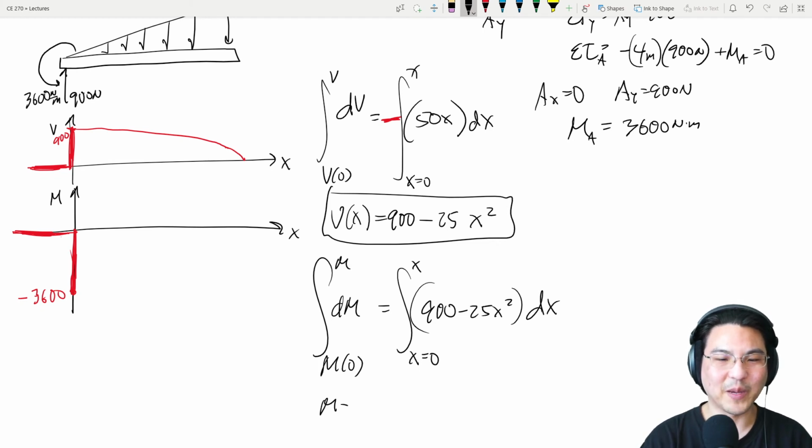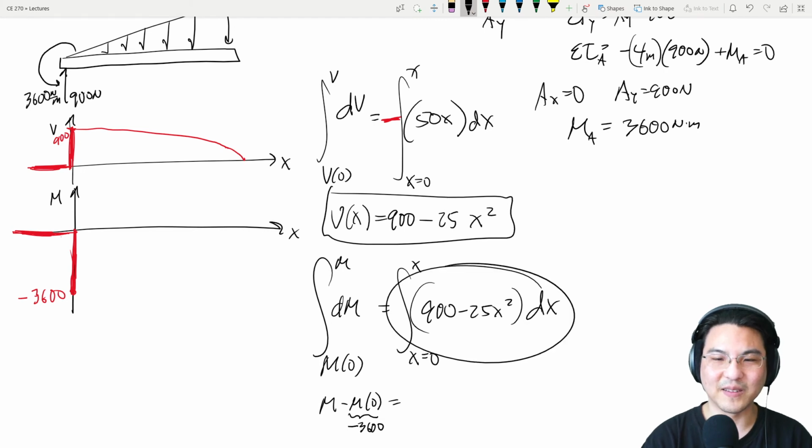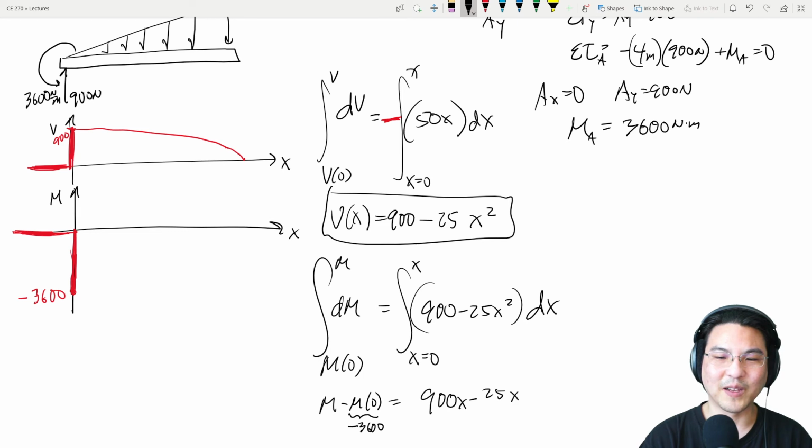So what do we have? M minus M at 0, which in this example is negative 3600. Then just integrate this, 900x minus 25x cubed over 3, from 0 to x. Then I can move this to the other side of the equation. Here we go.